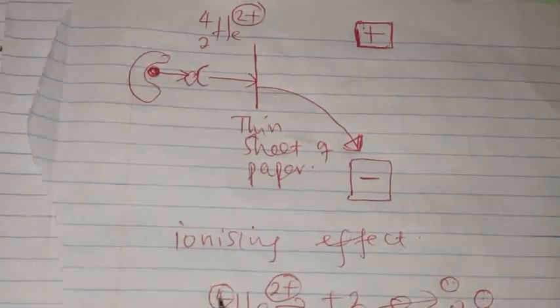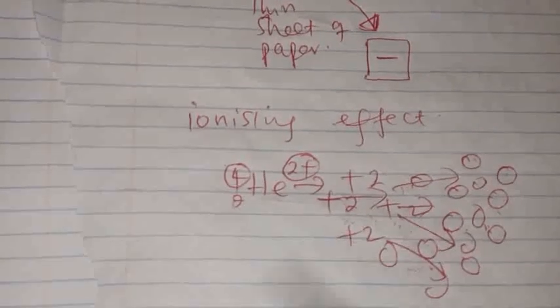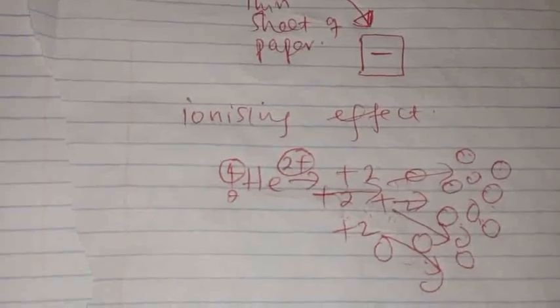And to move forward, we've said it has a bigger mass, being heavy, and a slightly bigger charge, which is positive 2. It will end up moving slowly and covering a few centimeters in the air. In the process, it will have a longer time in contact with the target atoms of gases in the air. The longer time it has in contact with the target atoms of the gases in the air will make it have a high ionizing power.